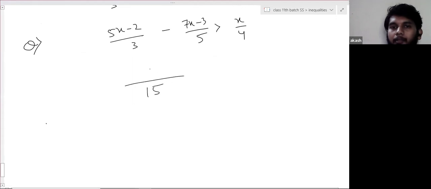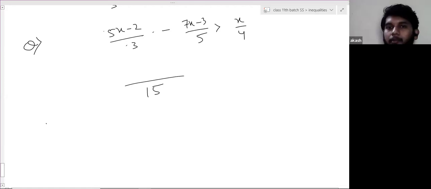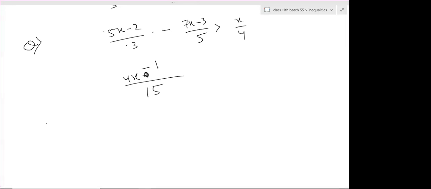This is 15. Shall I skip steps, if that is okay? Yes. All right. So 25 and here minus 21. So 4x, this is minus 10 plus 9, plus minus 1. This is clear? Everyone got this value?